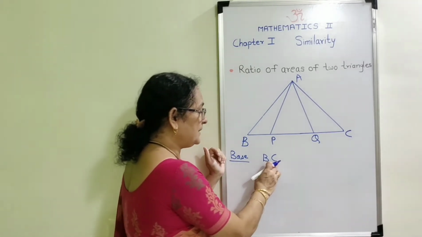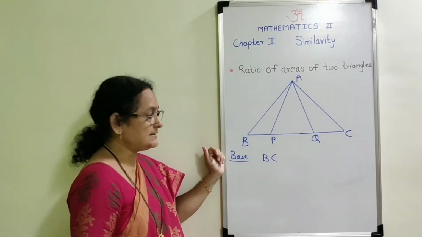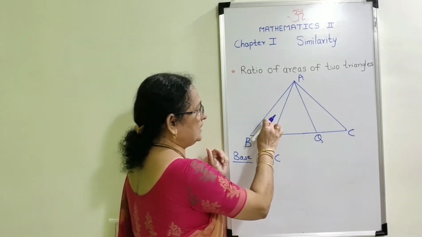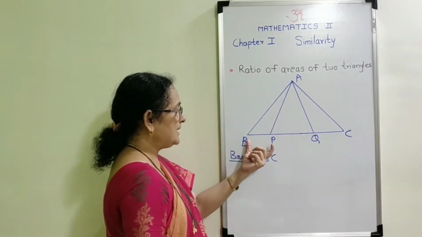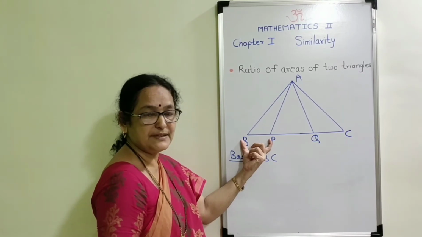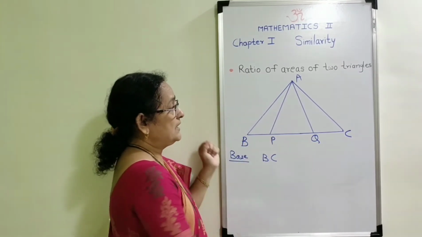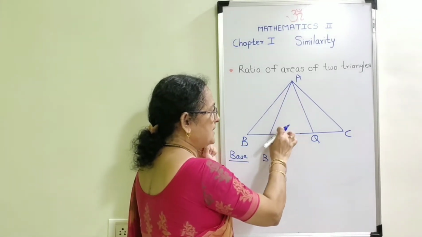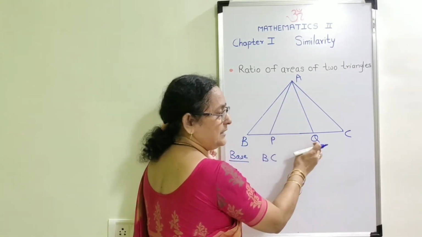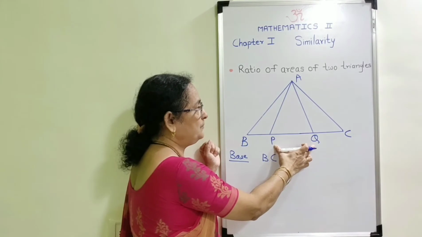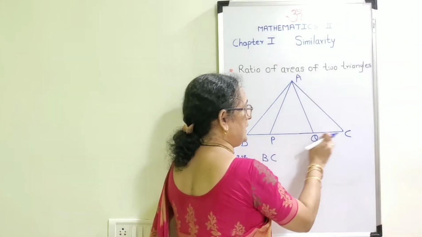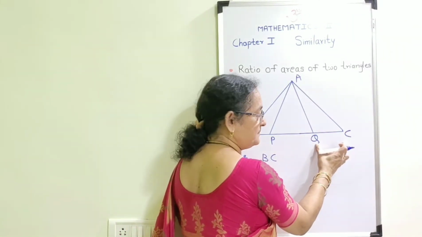Now I am going to write the base of each and every triangle. The base of the bigger triangle is BC. Suppose I take this second triangle ABP. Base of this triangle is segment BP. Suppose I want to write the base of this triangle APQ. Base of this triangle is segment PQ. And base of triangle AQC is QC.